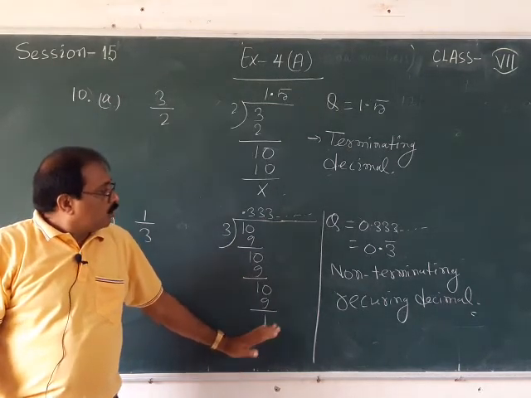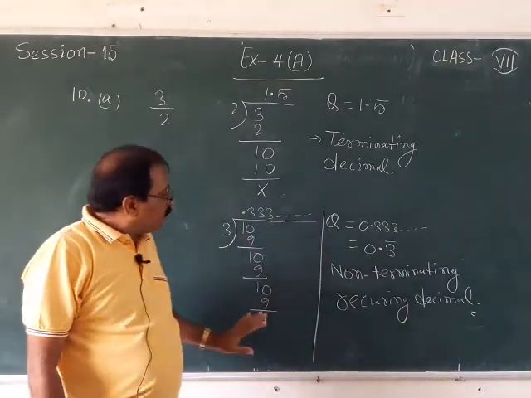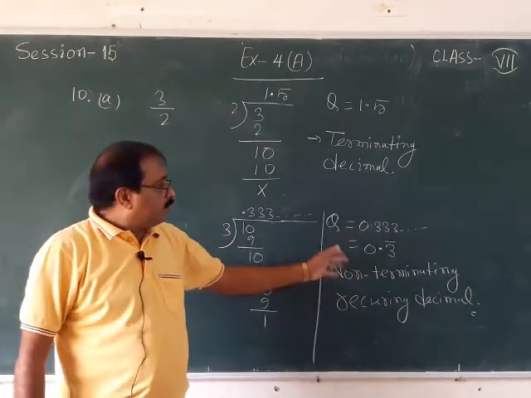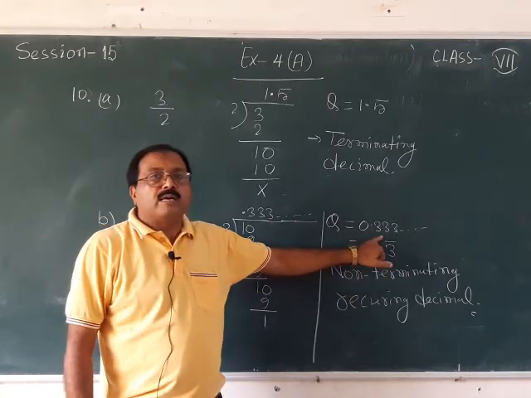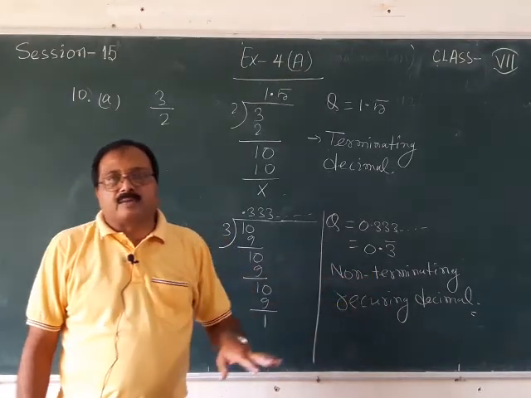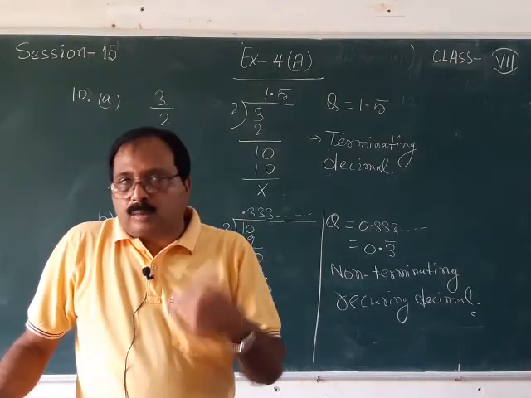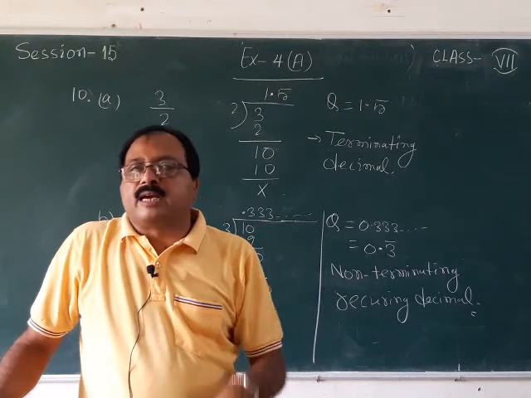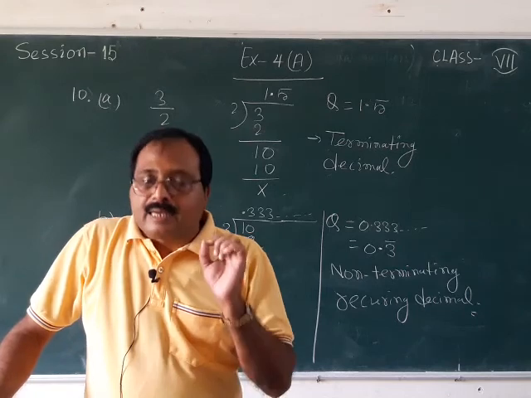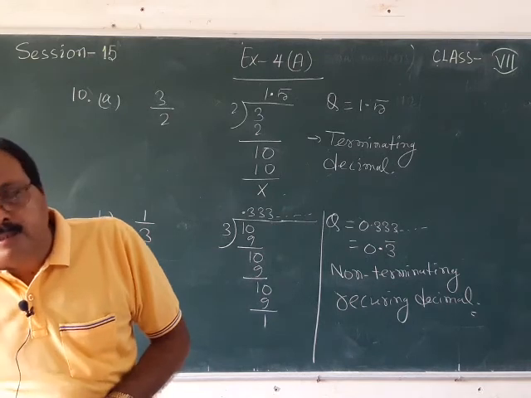So the quotient division will not be completed. That means you can write your answer 0.33333 and further write it as 0.3 with a bar. Like that, it is known as a non-terminating recurring decimal. If in any decimal you are unable to get 0 as a remainder, you have to continue, and if the same number is repeating again and again, you can put a bar over it, and such types of decimals are known as recurring decimals or non-terminating recurring decimals.